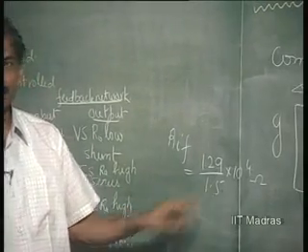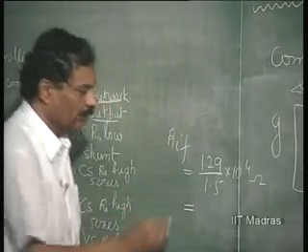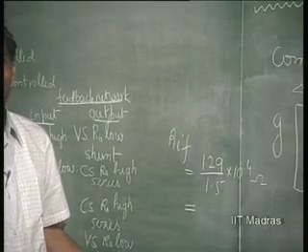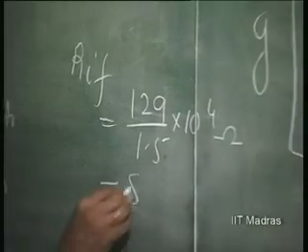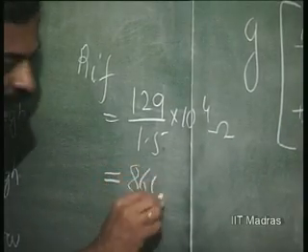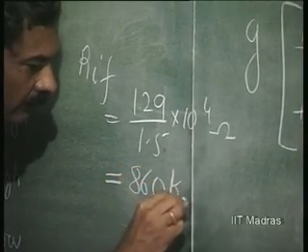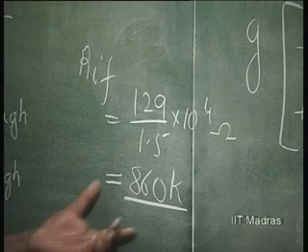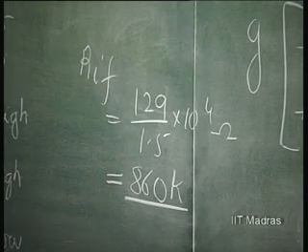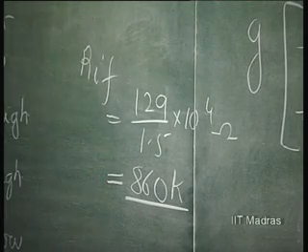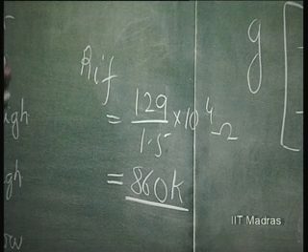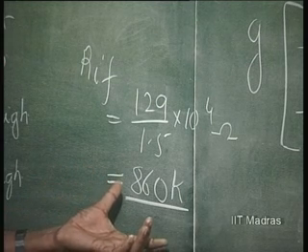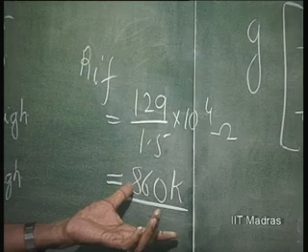How much is it? 860 kilo ohms. See, we started with an amplifier which was having only about 20 kilo ohms. Now it has got boosted up to 860 kilo ohms.